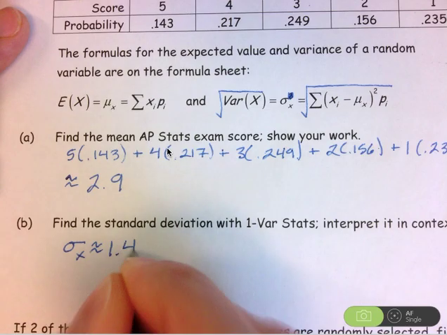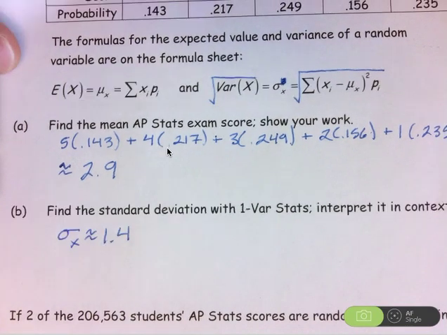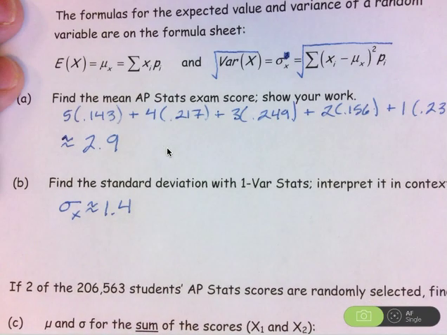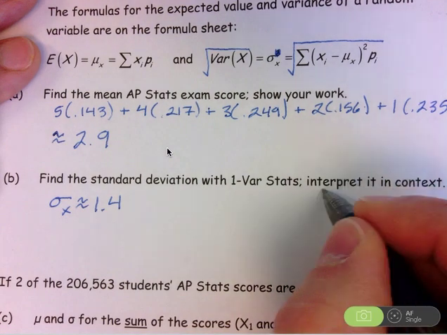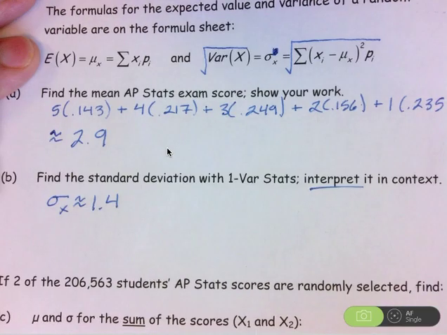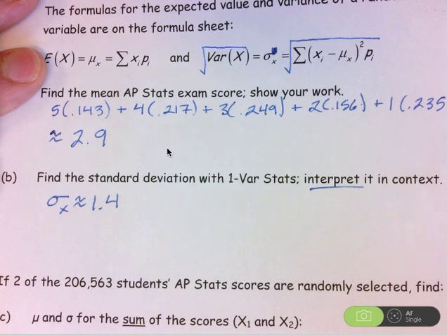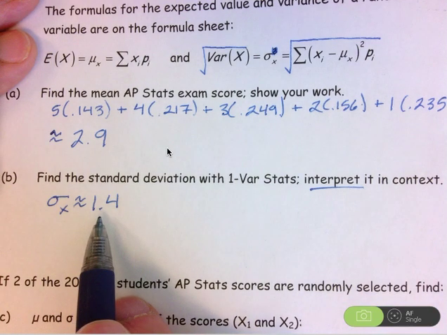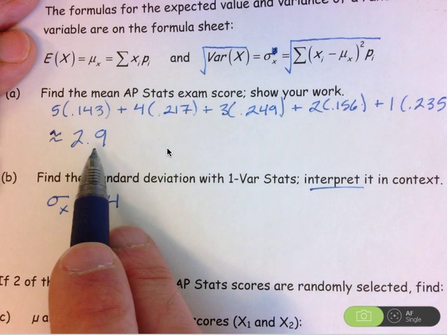But it's important that you can interpret a standard deviation. So we need both the mean and the standard deviation to work those together. The most important word to use when you're interpreting the standard deviation is the word typical. This tells us the typical variability above and below the mean.